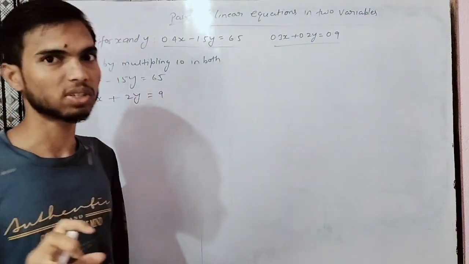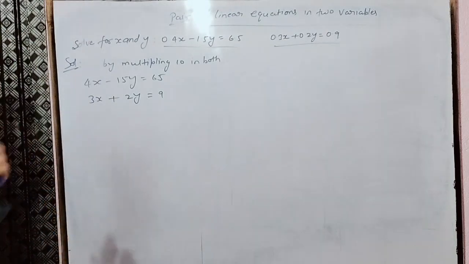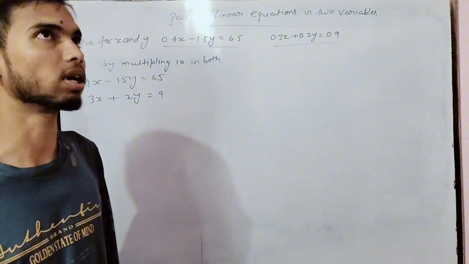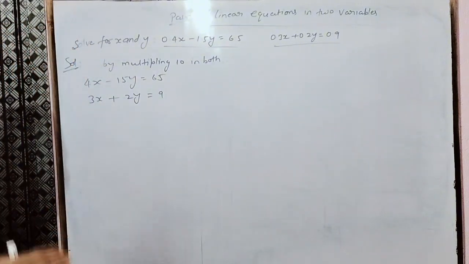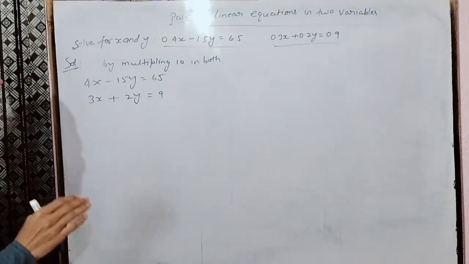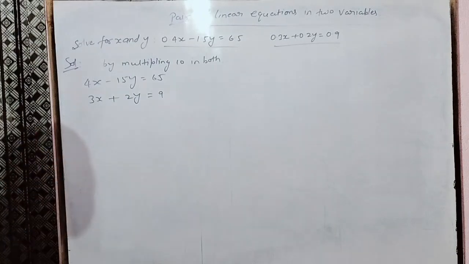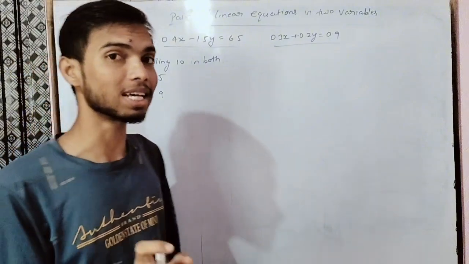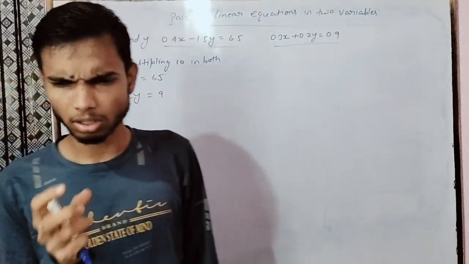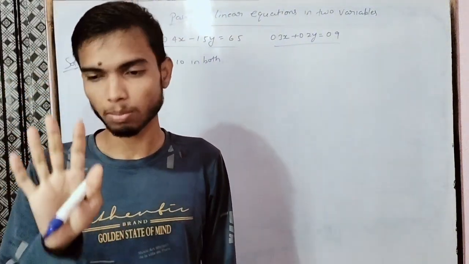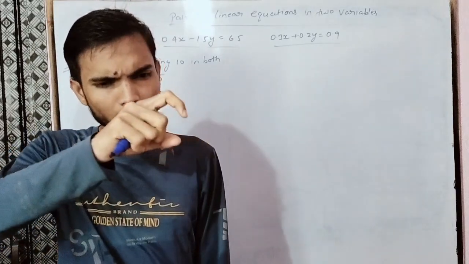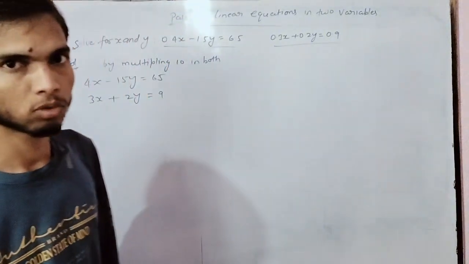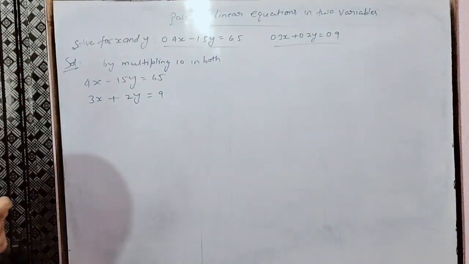So here the question is the same. We didn't change anything, we only wanted to remove the decimals. That's why we applied multiplication by 10. Now the question says to apply the elimination method, and the elimination method says to look at both linear equations and make a pair of a variable equal to each other, so that you can get the value of a variable.